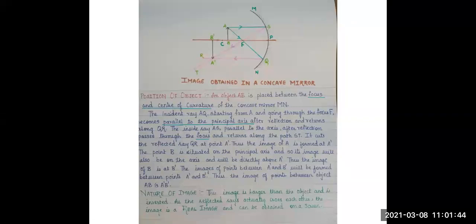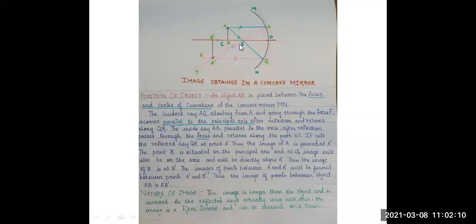Then the second ray, you can see the second incident ray. Okay, you can see AQ is the incident ray, which is having an arrow headed towards the mirror. You can see the reflected ray, which is QR. Now this QR, you can find it is parallel to the principal axis. We are using rule 2 in this scenario.